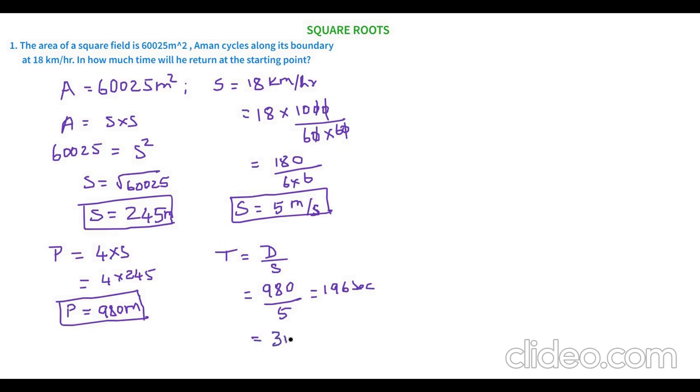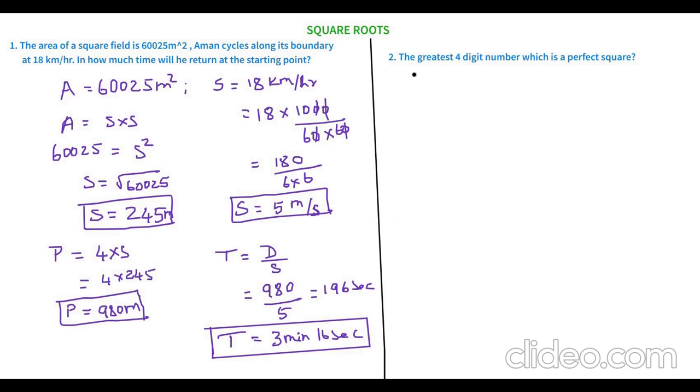This will be 3 minutes and 16 seconds. So the answer, the time taken for the cyclist to cycle around the boundary and come back to the starting point, is 3 minutes and 16 seconds. Isn't it easy? We first see what is given to us, convert it to a perimeter, then find the time taken.